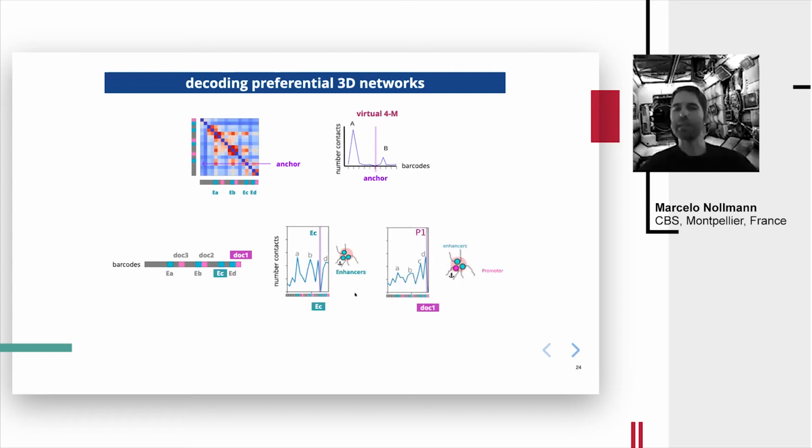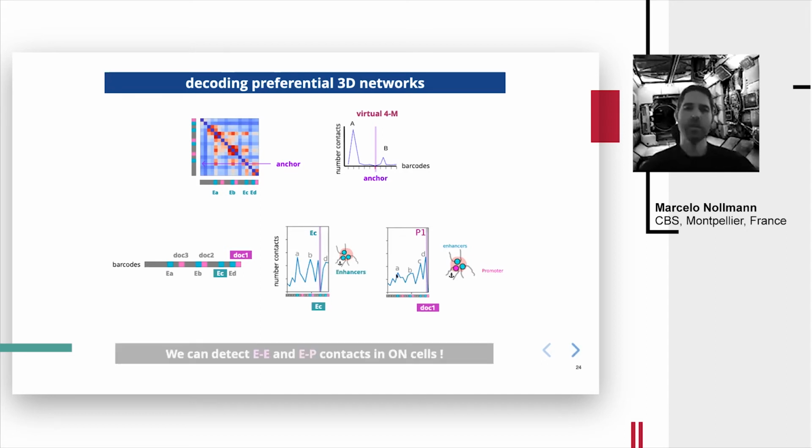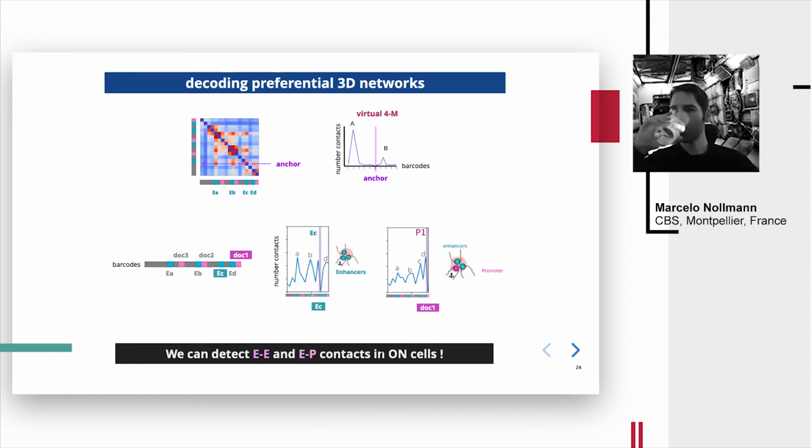We can play the same game, but now selecting the DOC1 as an anchor, so the promoter of this gene. And what we see is that this gene tends to interact with the 4 enhancers in this locus. So the conclusion from this slide is that this technique allows us then to detect enhancer-enhancer and enhancer-promoter contacts in cells where transcription is activated.